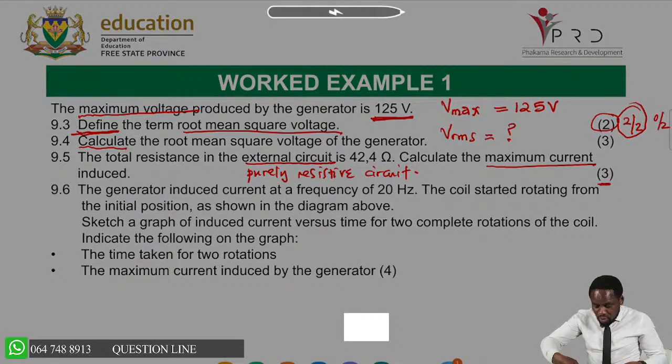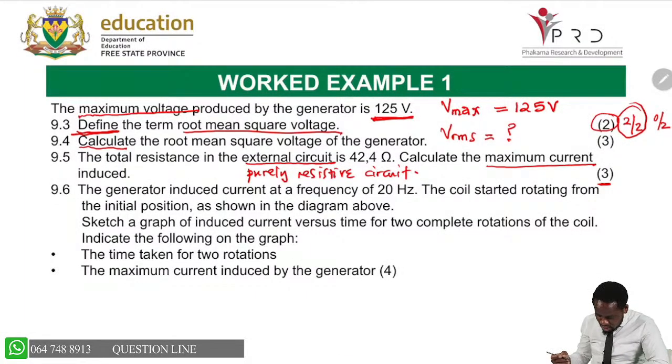So if we move to the next one, our Imax is equal to 125 divided by our resistance, which is 42.4.